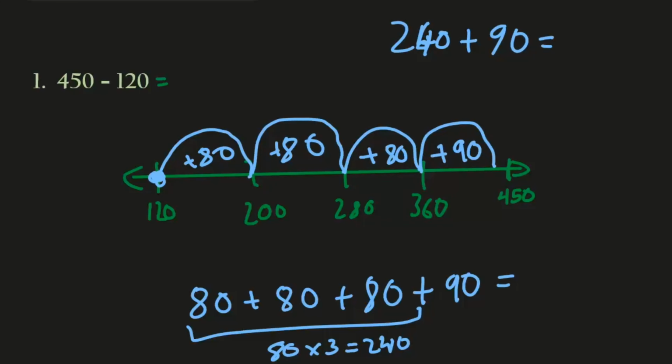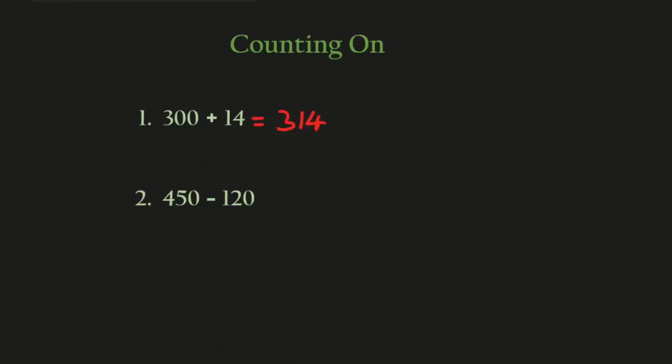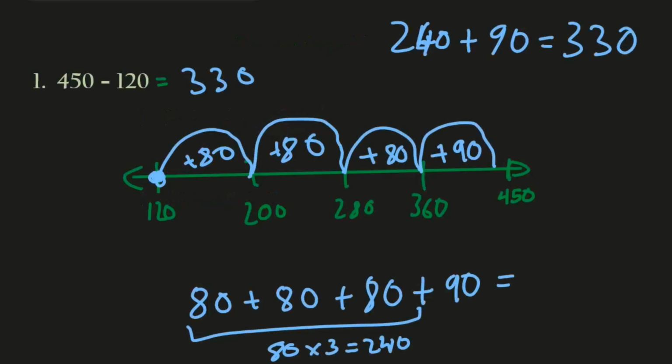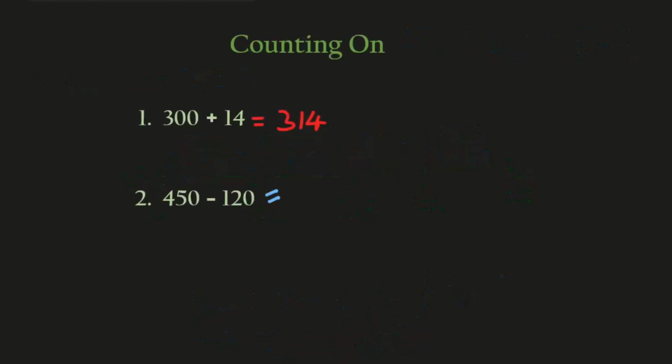So our answer would be 330. So let's write that right here. Now our difference here is 330. Now let's go back to this page and equals, what did we get again? 330. Okay, let's write that right here.